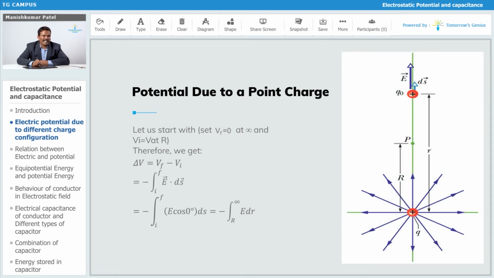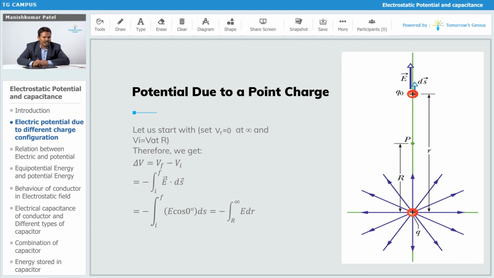So this again sets the final potential, which is nothing but 0 at infinity. Initial potential, you have to move from a certain distance, Vi is equal to V at a point R. So therefore the change in potential, you can write, final minus initial. That potential you can write as the integral of E bar dot ds bar from initial to final.